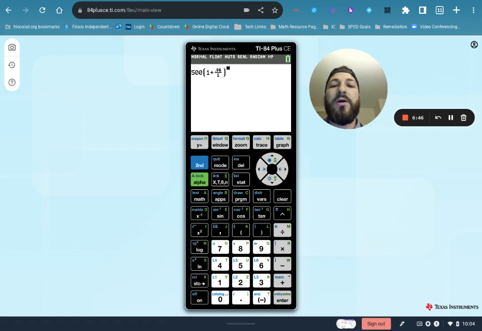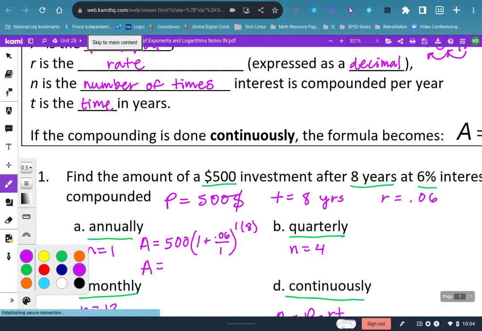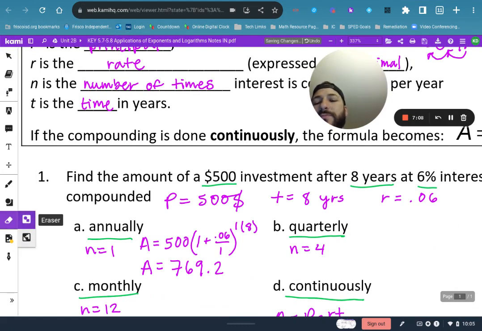And this is all being raised to a power of n times t, so 1 times 8. And then I get 796.924, which is a dollar amount, so 796.92. Not 292.